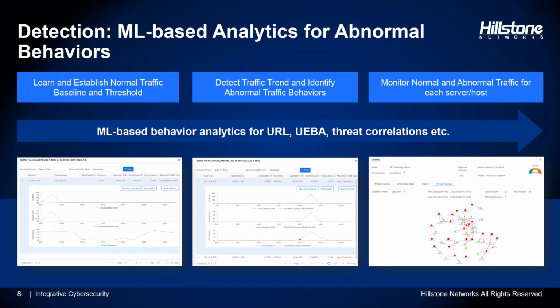It is essential to monitor both normal and abnormal traffic on a granular level, examine traffic patterns for each individual server or host within our network. This level of detail allows us to quickly pinpoint any anomalies and take proactive measures to mitigate potential risks.